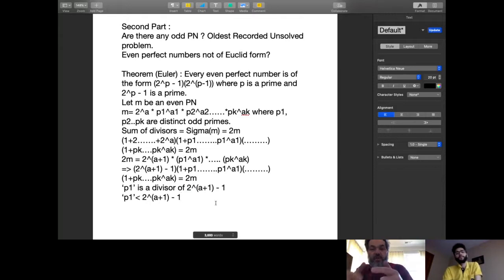I write 1 over P1 on the next line. These are several tricks, one after another. 1 over P1 is strictly larger than 1 over that expression.